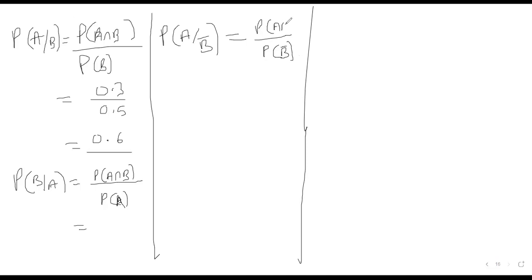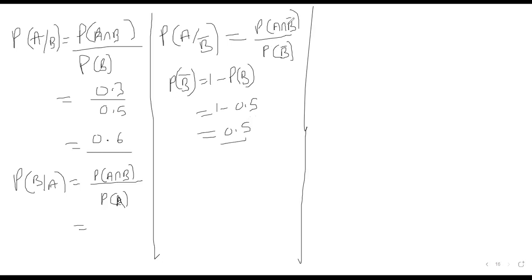A intersection B complement, correct. So we know that B complement is what? 1 minus B. And our B was what? 0.5. Meaning we still get 0.5 there.